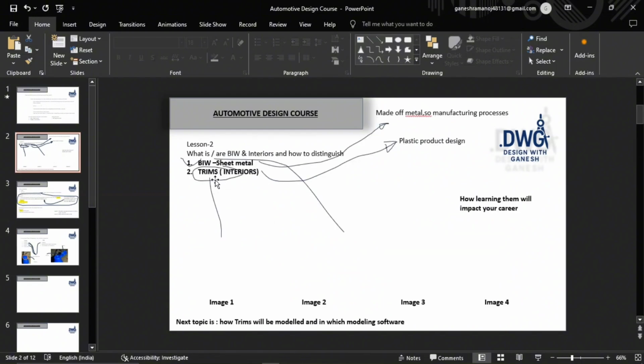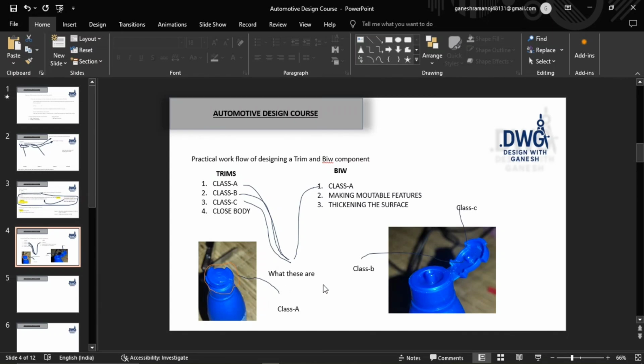From this video you may understand that there is no part in a car which will appear like this bottle. That means we cannot use the process which makes this bottle in the making of any part in the trims.